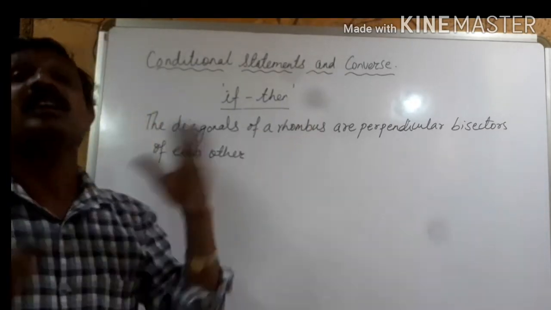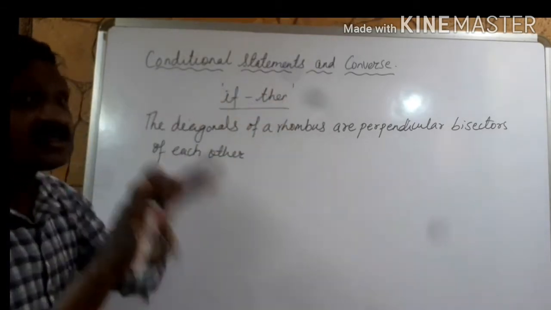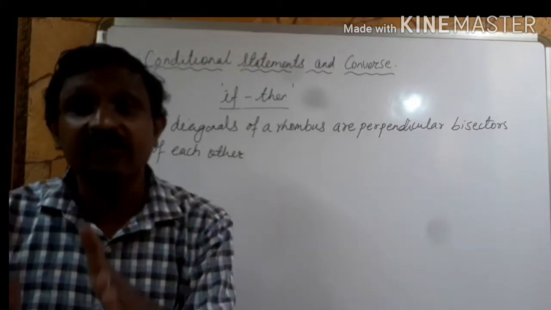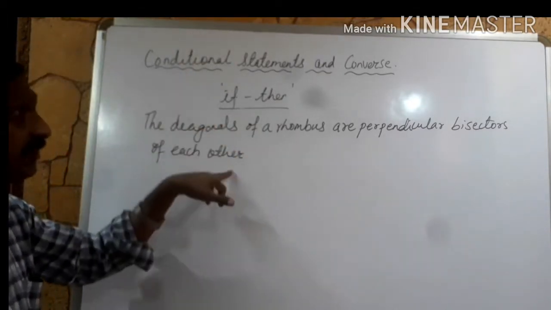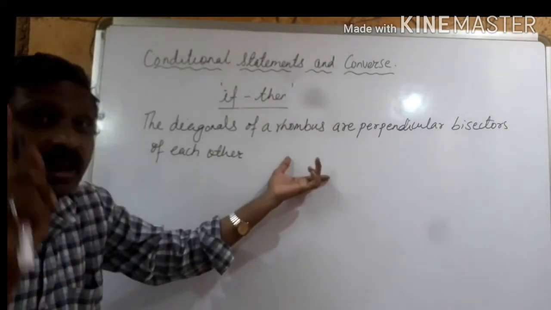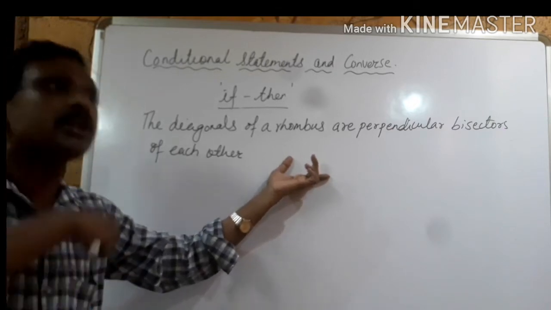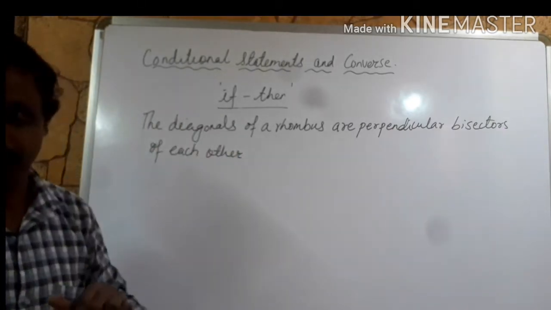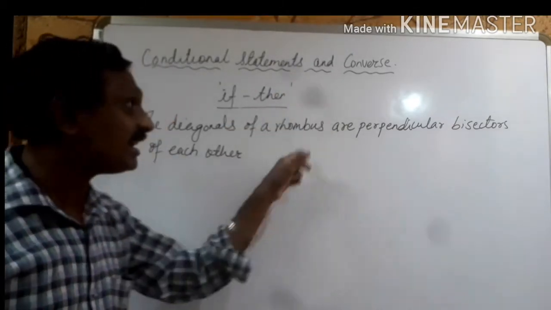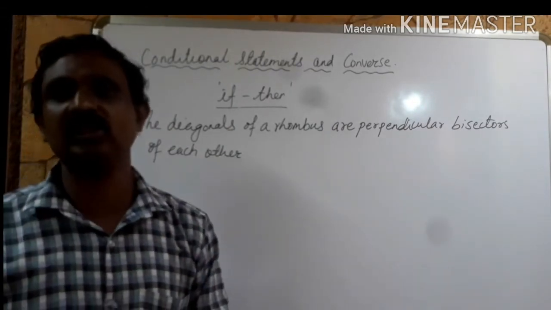The statement can be written in the conditional form as, how to write this statement in the conditional form? If the given quadrilateral is a rhombus, then its diagonals are perpendicular bisectors of each other.